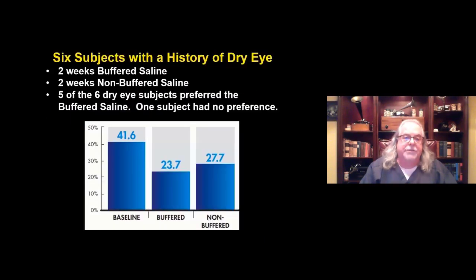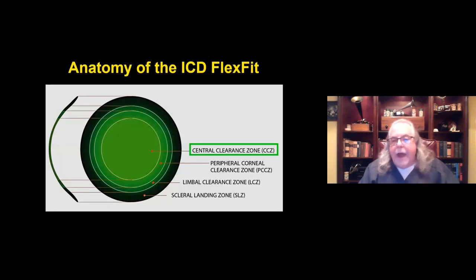Now, let's look at the anatomy of the ICD FlexFit, because so far what we did is we took this patient with filamentary keratitis, we placed on a scleral lens with a buffered saline solution, and now we need to evaluate the fit of the lens.